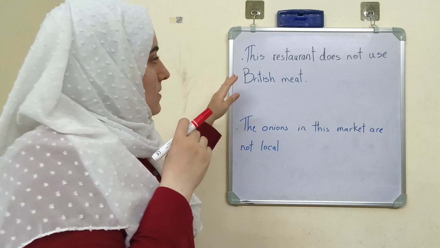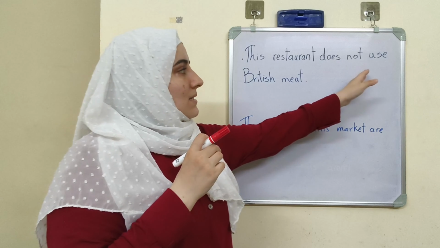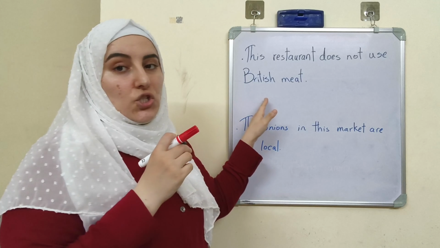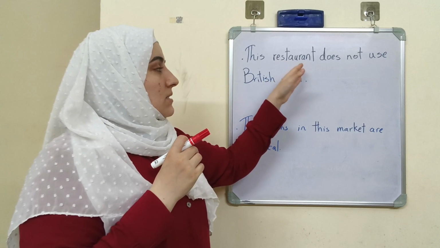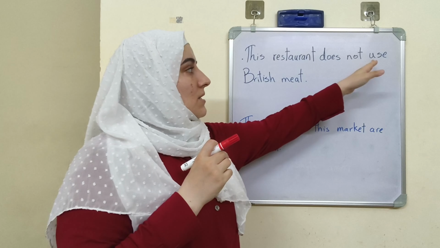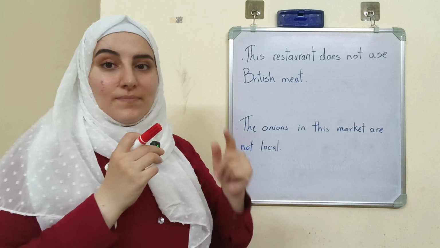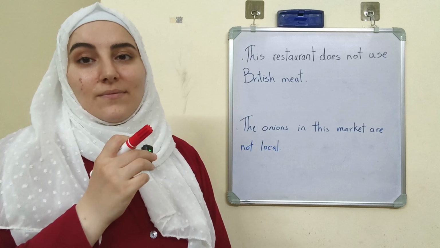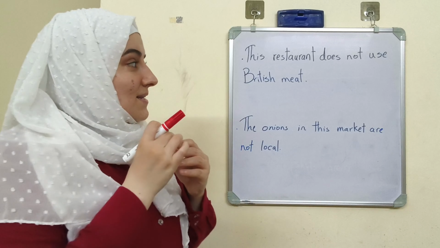Now the next sentence. This restaurant does not use British meat. Think. Yes, it's easy now. Everything is easy.